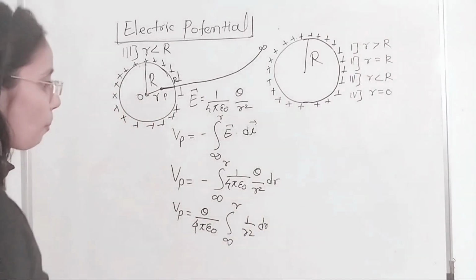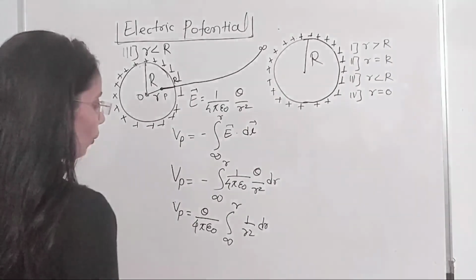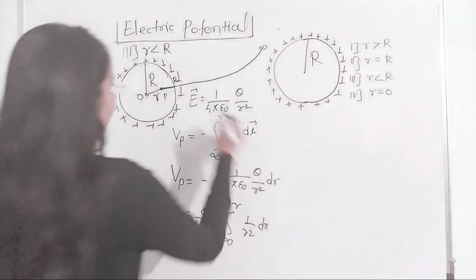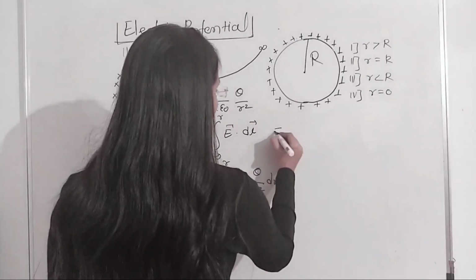But here there are two stations for that charge, so we divide this limit.